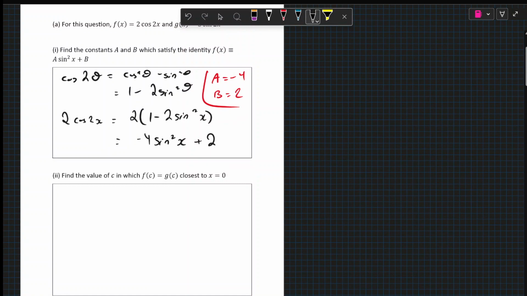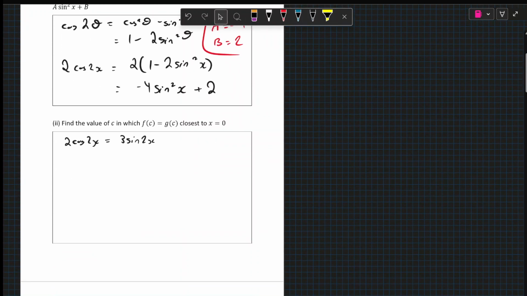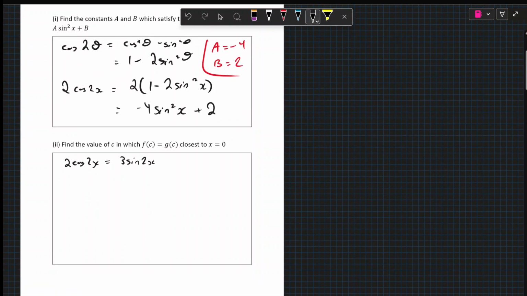Find the value of c in which f of c equals g of c closest to x equals 0. So we can let 2 cos 2x equal 3 sine 2x. If we divide by cos 2x and then divide by the 3, we get 2 over 3.